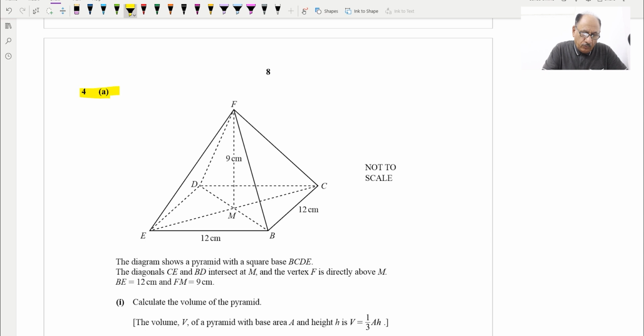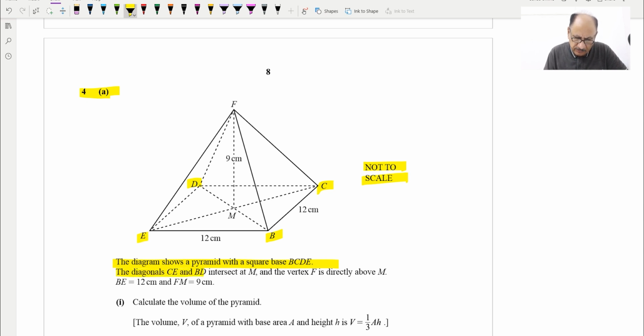Question number 4a. Diagram is not to scale again. The diagram shows a pyramid with a square base BCDE.